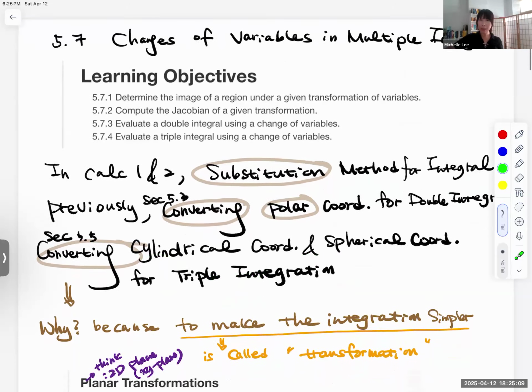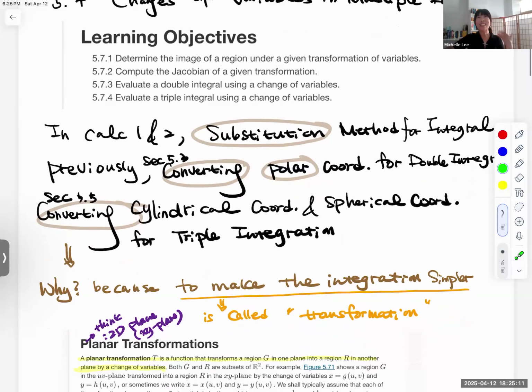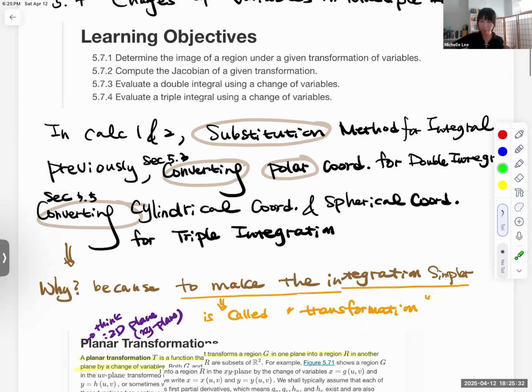Why are we doing this? Because we want to integrate easily. So this section is about making integration simpler, so we want to make a transformation.